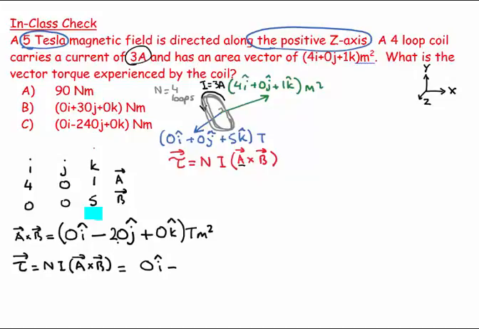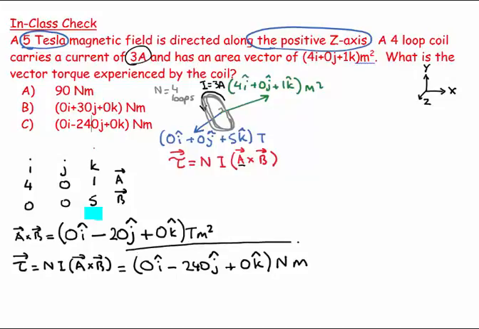And that would be minus, and 20 times 12 is 240. And then 0 times 12 is 0. So that would be 0j. Okay. And then units, it's a torque. So it would be Newton meter.